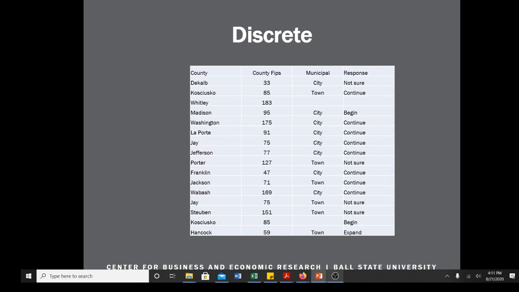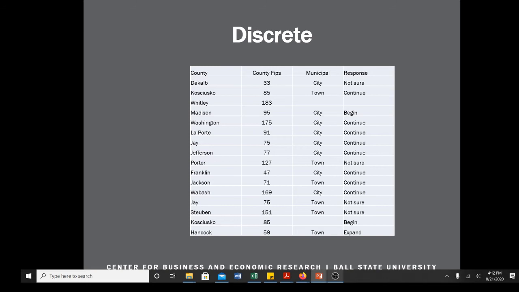So for example, if we wanted to see what the population was by city and town, it wouldn't matter what value we gave those two. We could do the statistical comparison. And that value doesn't have any analytical meaning. It's just there to permit analysis to be performed on other portions of it that are correlated with whatever we assign to that. Same thing with the not sure or continue.